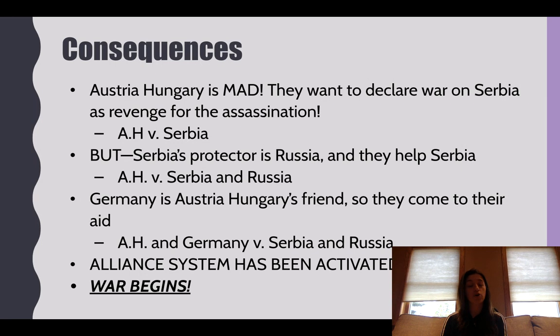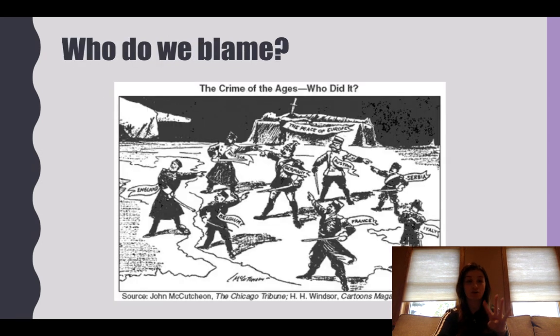And now you have Austria-Hungary and Germany versus Serbia and Russia. The alliance system has been activated and war begins as a result of the assassination of the Archduke and the four main causes: militarism, the alliance system, imperialism, and nationalism.